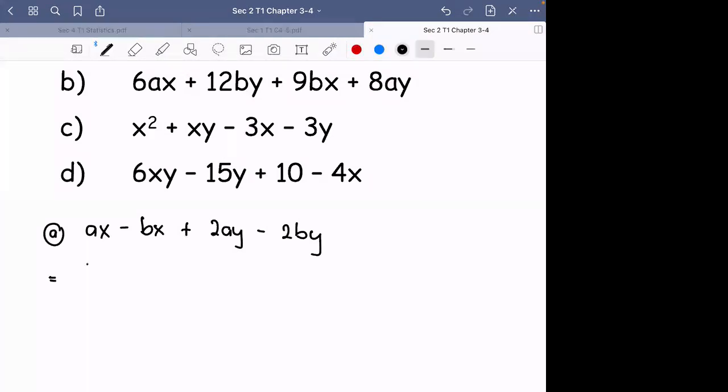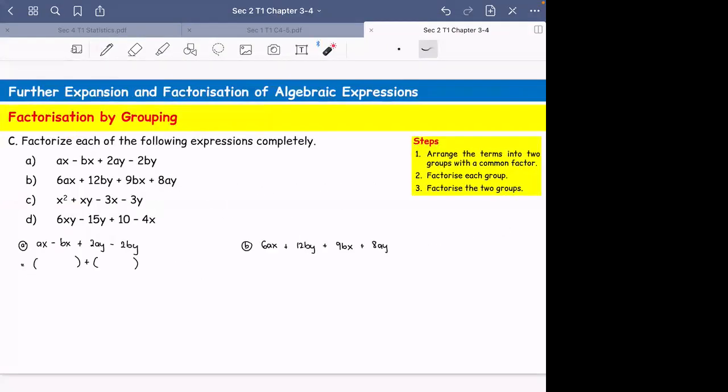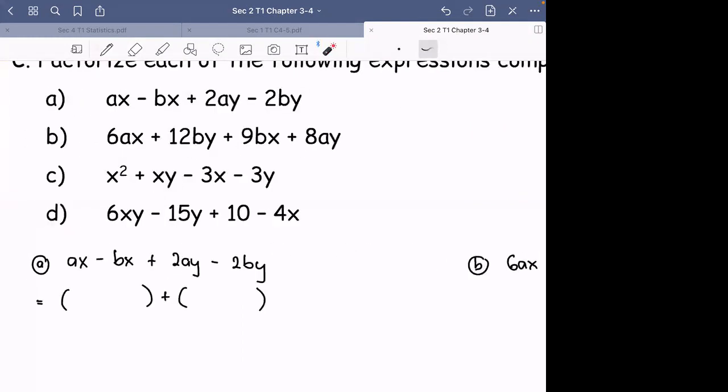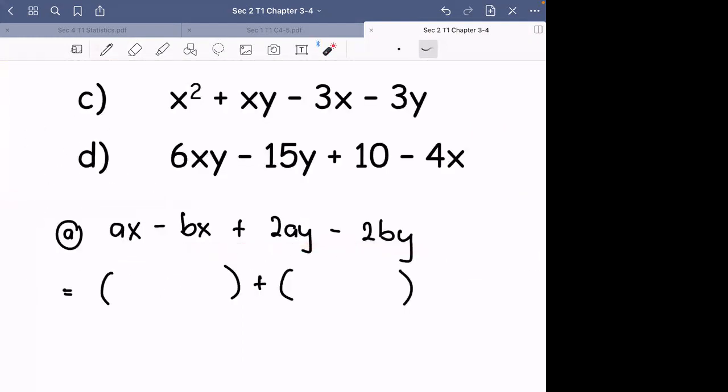You're going to make two groups. That's why this is by grouping. You have four terms here, right? Those groups should have something in common. They should have common factors, common numbers, common letters, something like that.